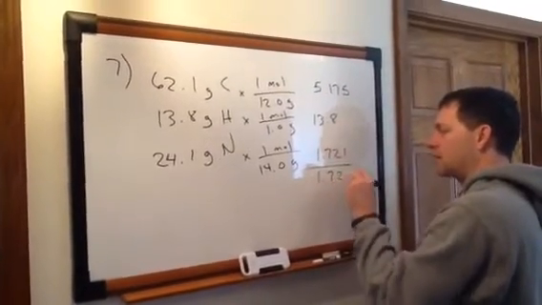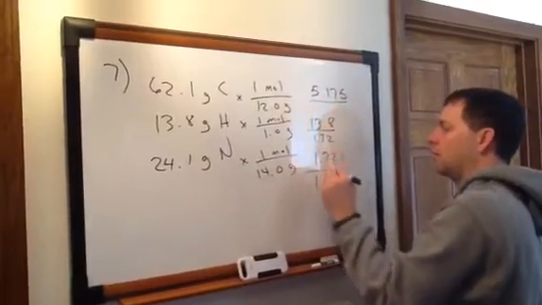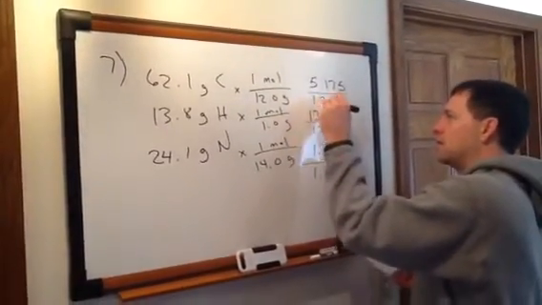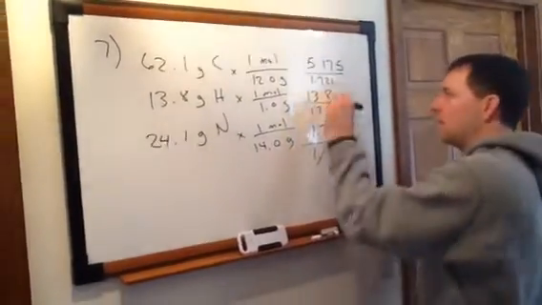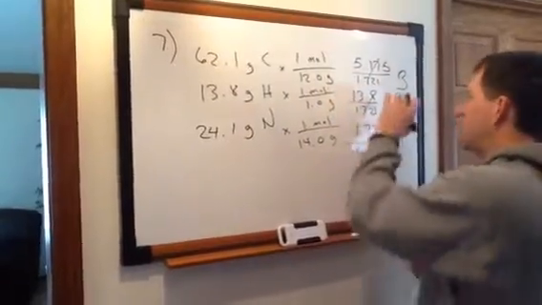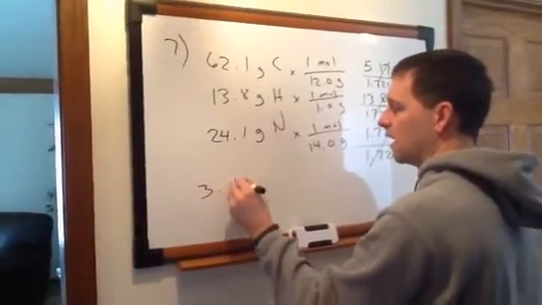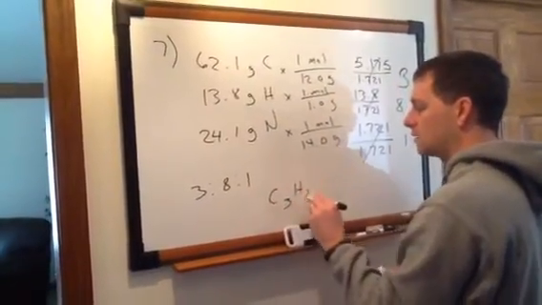Divide all 3 of them by the smallest, 1.721. That'll equal 1. Hydrogen will equal 8, and carbon will equal 3. So then the ratio will be 3 to 8 to 1. So the final answer will be C3H8N.